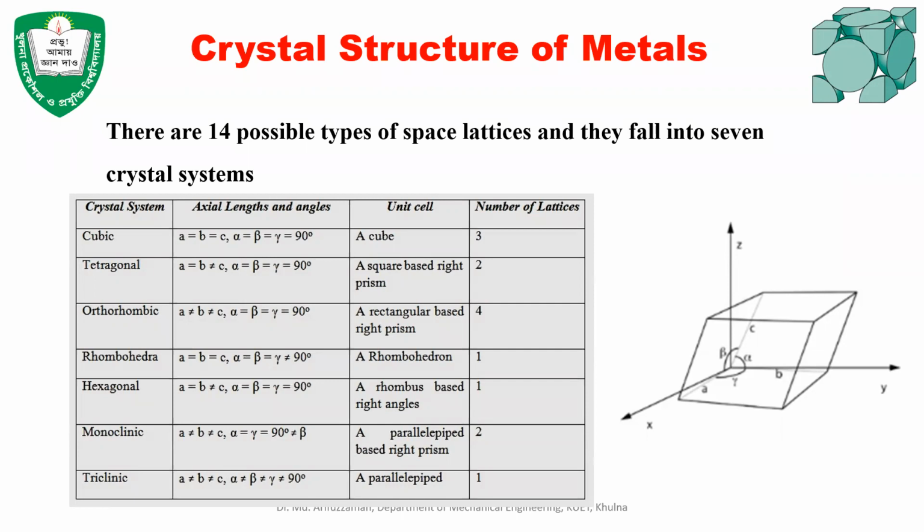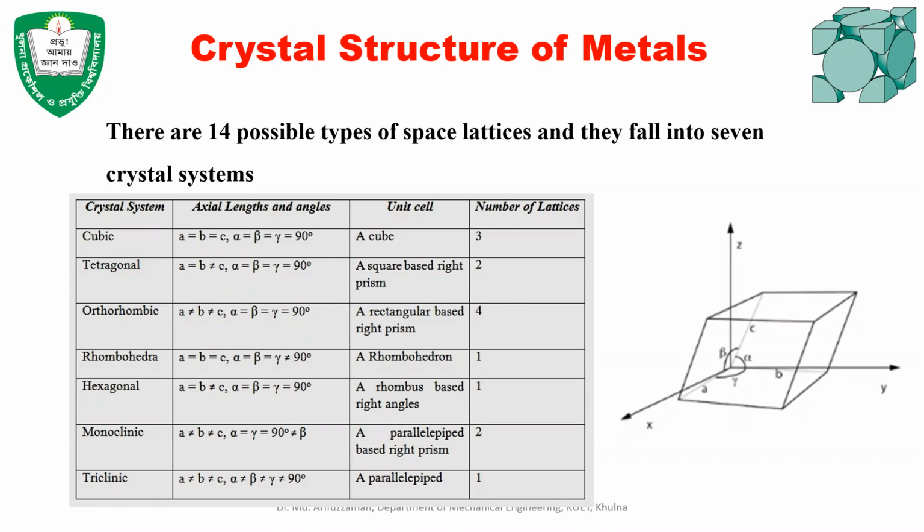It's a cube actually. And for the tetragonal, a and b are the same, but c, the height, will be different. It can be smaller than a and b, or it can be larger than a and b. And the angle between all of them is 90 degrees.